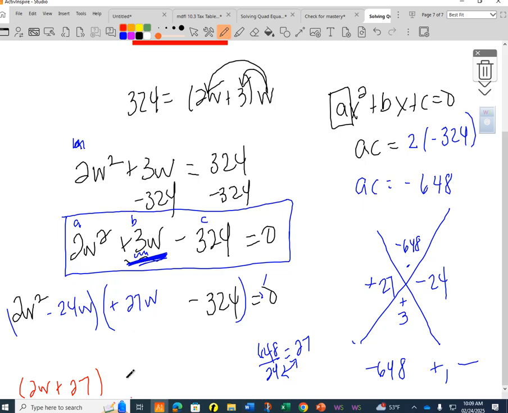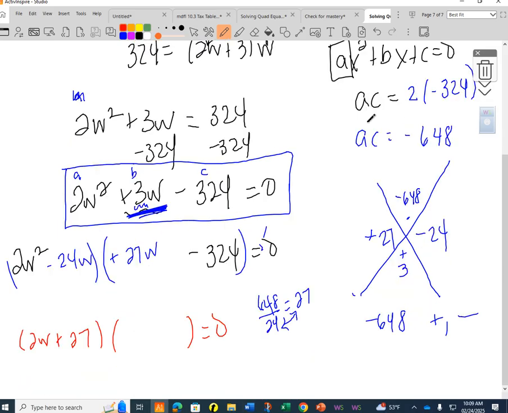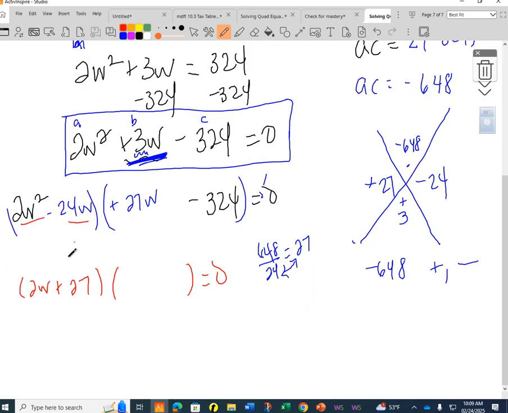And it's a positive, so that's a positive. So our other factor we find by dividing out the greatest common factor here. So 2 divided by 2 is 1, W squared divided by W is W, minus 24 divided by 2 is 12.